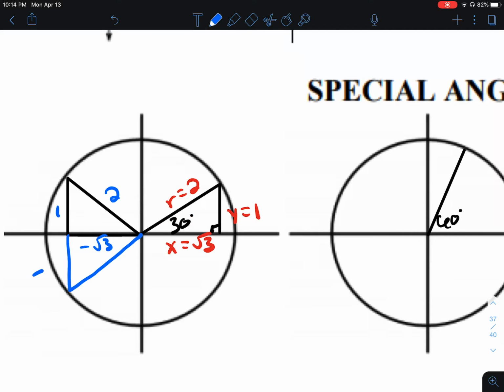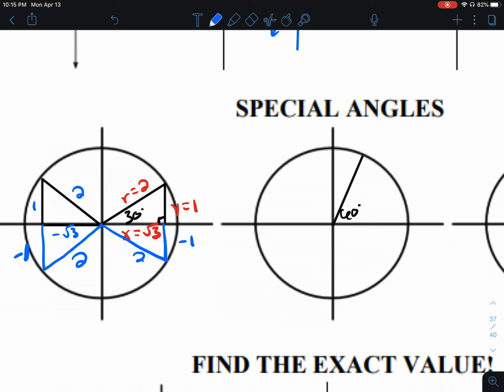This time y is negative 1. R is still 2. The radius is always positive. If we drew the same triangle in quadrant 4, y is negative 1, x is positive square root of 3, and r is 2. Notice that the numbers don't change if you have the same reference angle, but the signs for x and y can change.